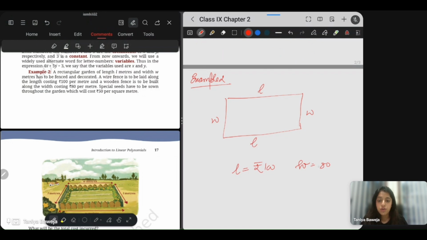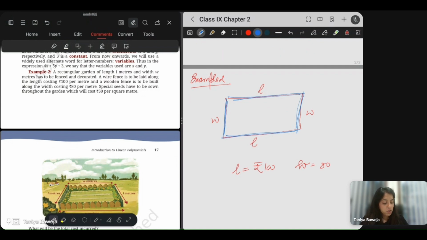Okay, so when we are doing fencing, the fencing is always done on the perimeter, right? So we will first find out the perimeter. Now they have also mentioned special seeds have to be sown throughout the garden, which will cost 50 rupees per square meter.